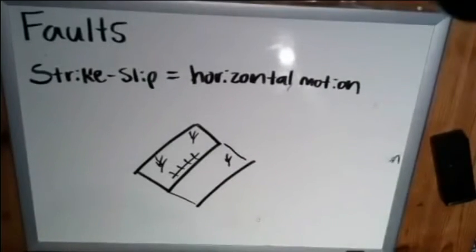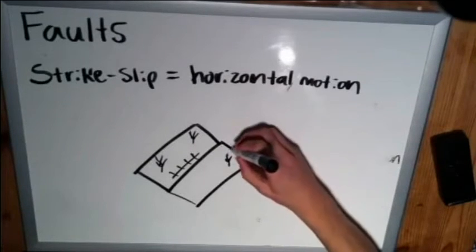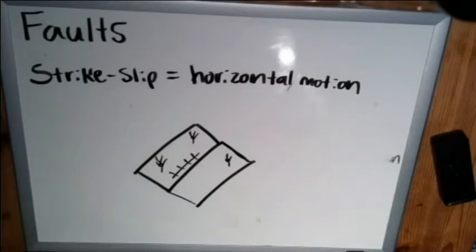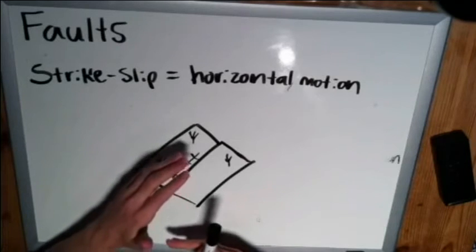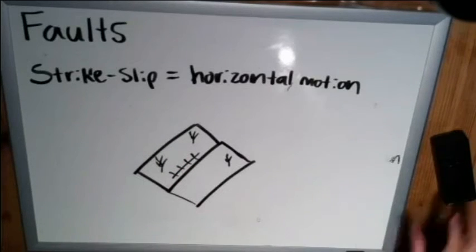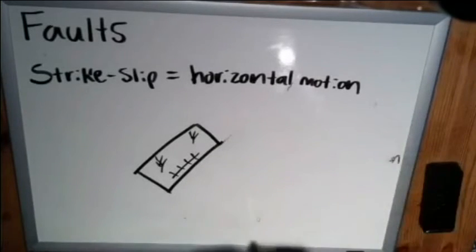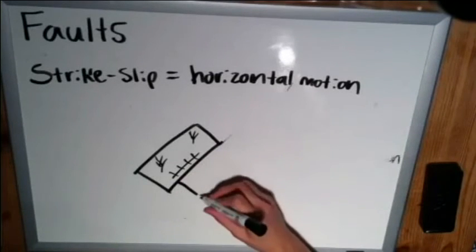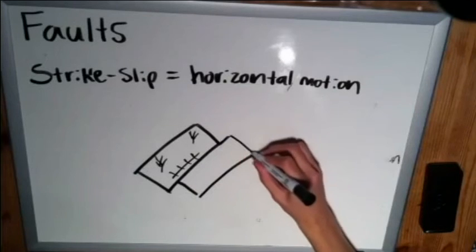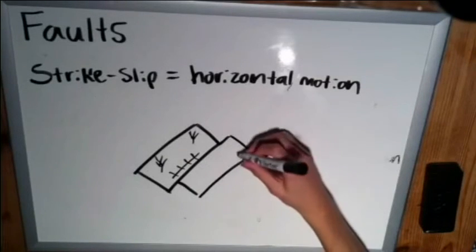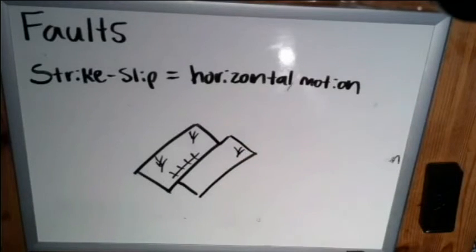But if you have a strike slip fault, then one is going to be pushed to the left and one is going to be pushed to the right. So in this case, let's say this one here gets pushed to the right, and we see this block now on this side. This tree's been translated over.